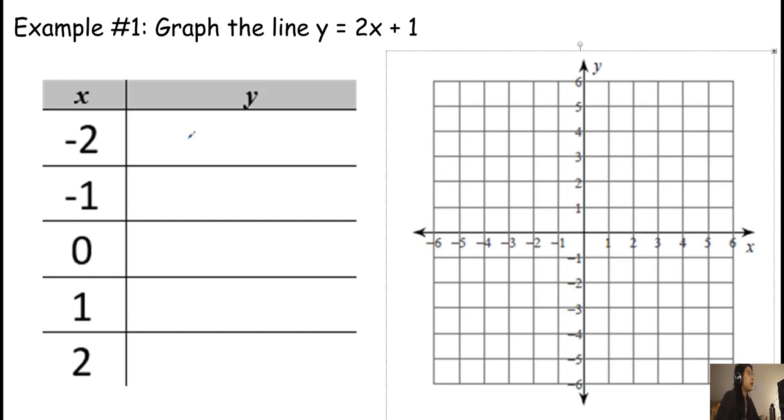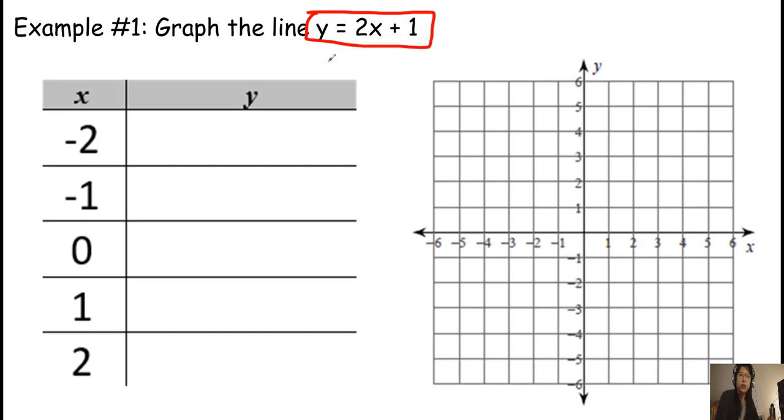So here we have an equation, y equals 2x plus 1, and we have a set table for x. How do we figure out what to do for the y values? You take the equation and then you see how you have variables, and we already know that variables are things that keep changing.